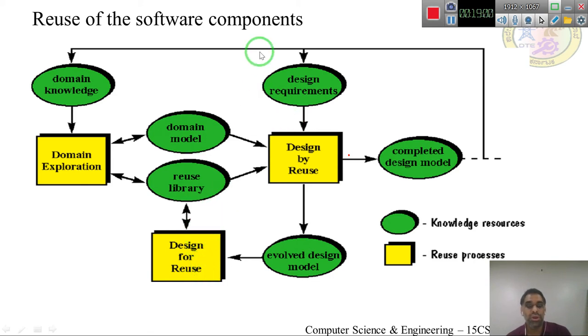So to start with, the customer would give you the business requirement, through which you will come out with domain knowledge, right? Domain knowledge comes under knowledge resources. From this domain knowledge, you have to explore the domain such that you come out with a domain model. Fine.